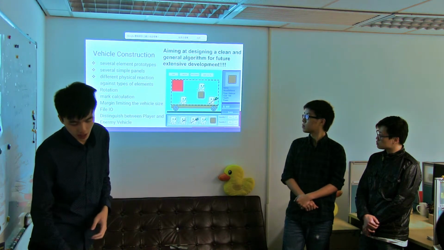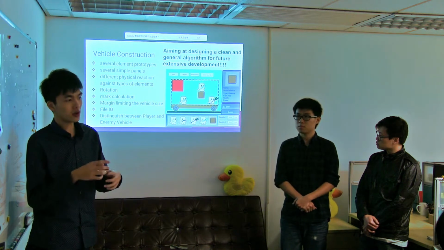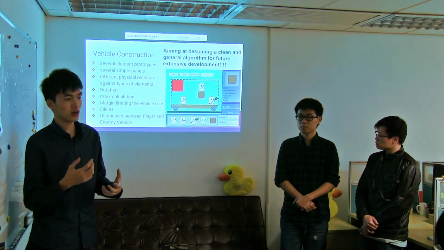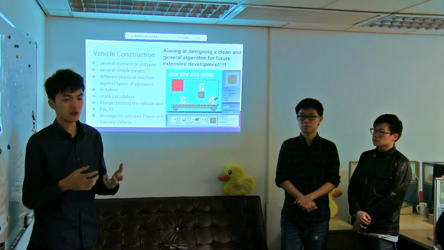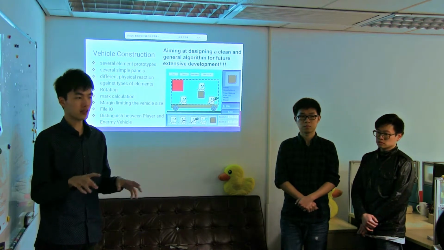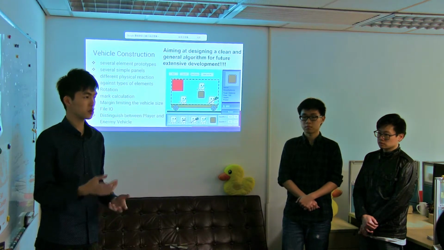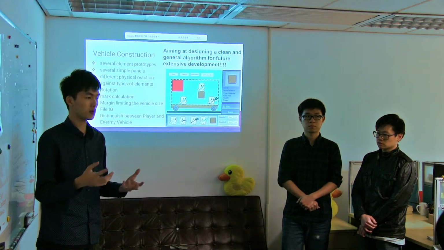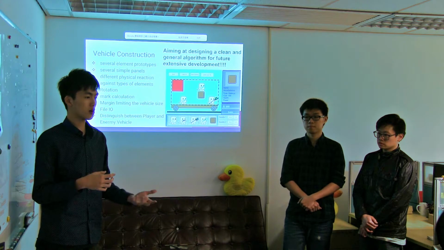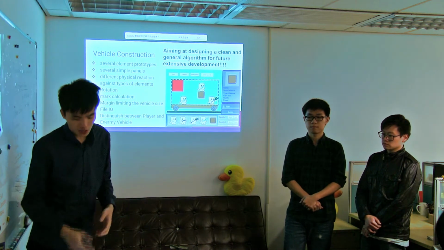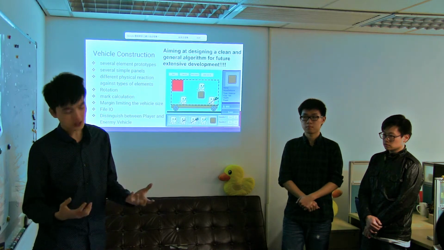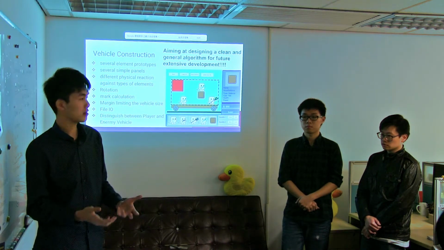And instead of continuing to extend our game content, we are trying to keep generalizing our code, so it will be very clean, structured, and organized. So it will be much easier for us to implement more complicated game content for further development. So yeah, we are trying to build a very general algorithm here.